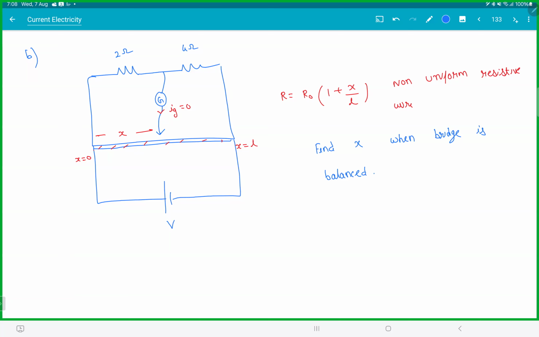So when x is 0, resistance is R naught, and when you go to L, resistance becomes 2 R naught. So it's linearly increasing. So the concept is same. Try, you got a minute or two.